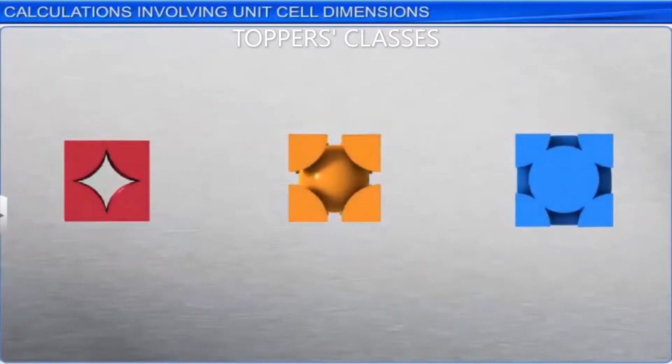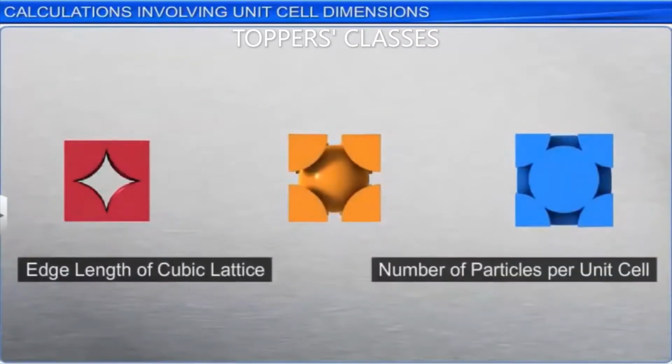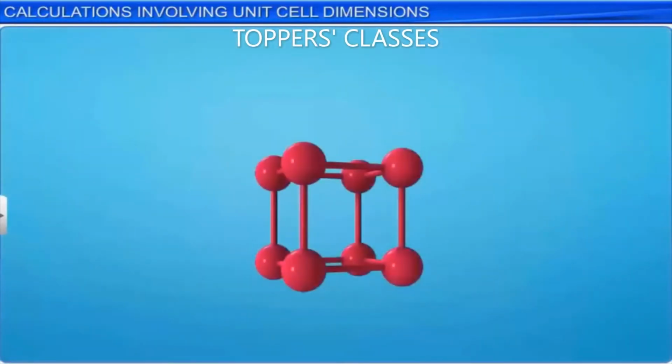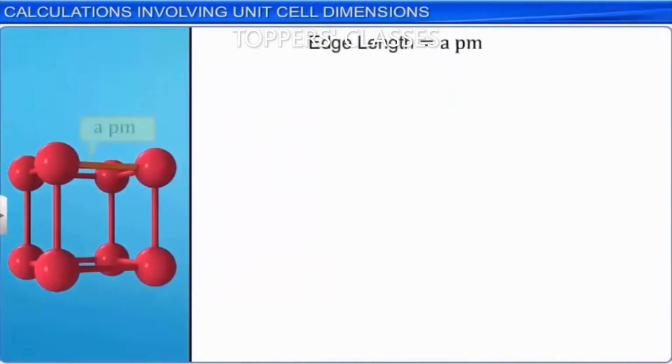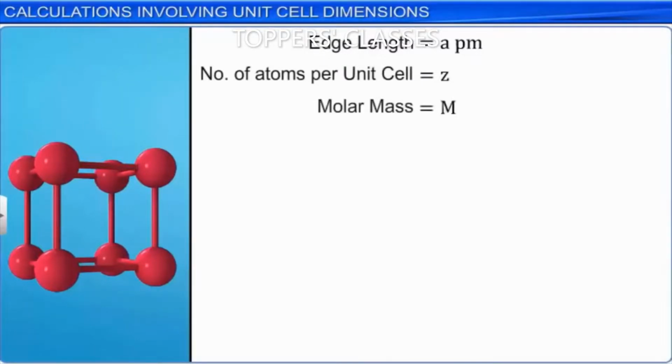Once we know the two quantities, we can calculate the density of the crystal. Consider a cubic system with edge length a picometers, number of atoms per unit cell Z, and molar mass M.